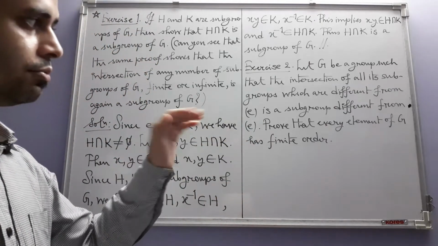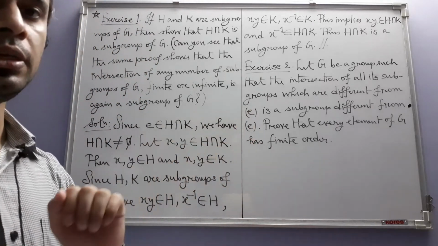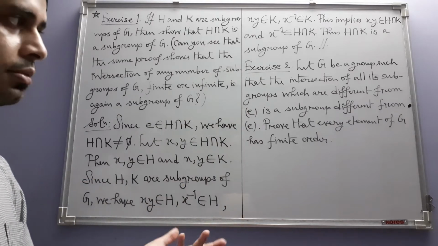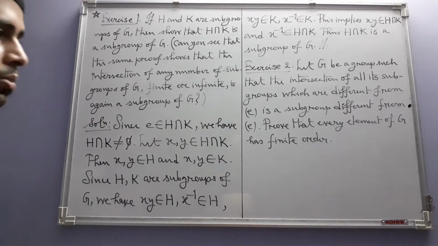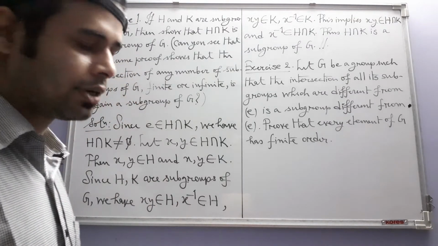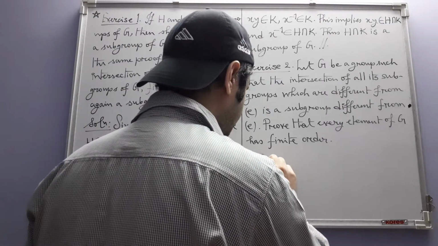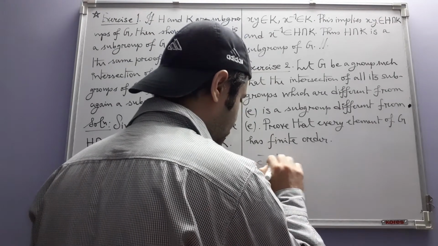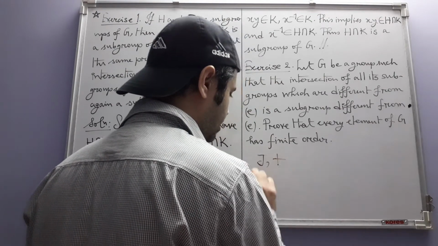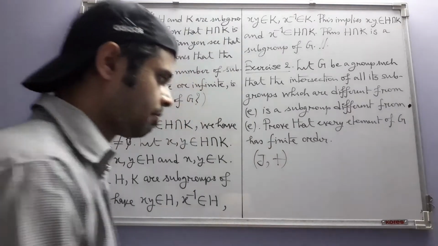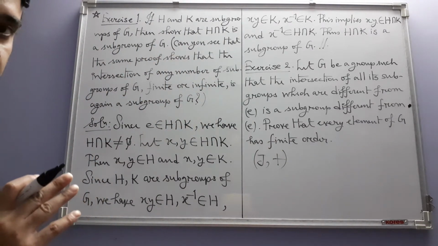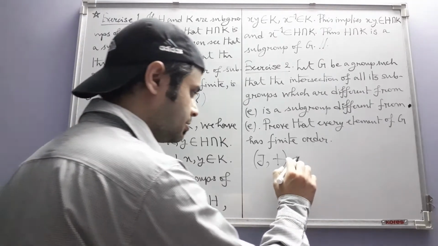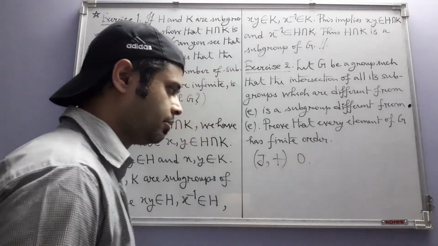Then we have to prove that every element of G has finite order, which clearly is not necessary. In any group, an element need not be of finite order. For example, if you look at the additive group of integers, there the only element of finite order is the identity element, which is 0, the integer 0.